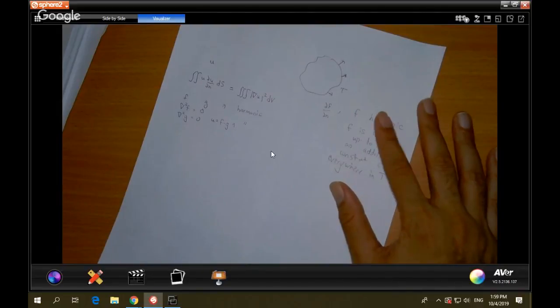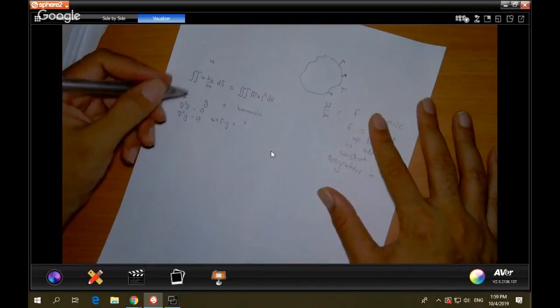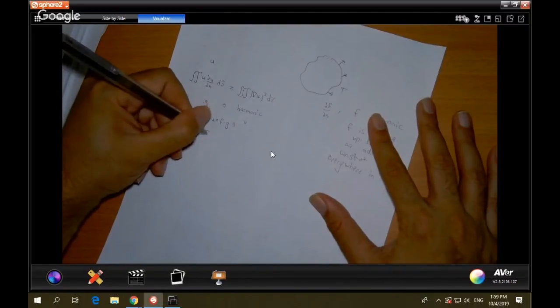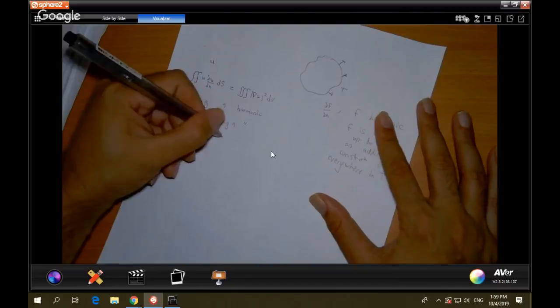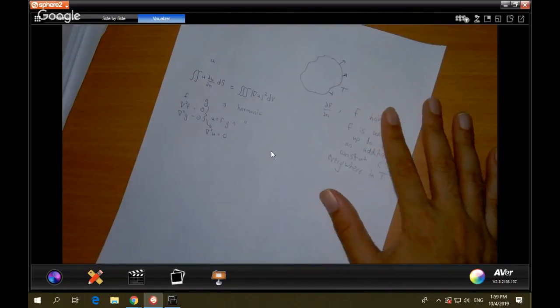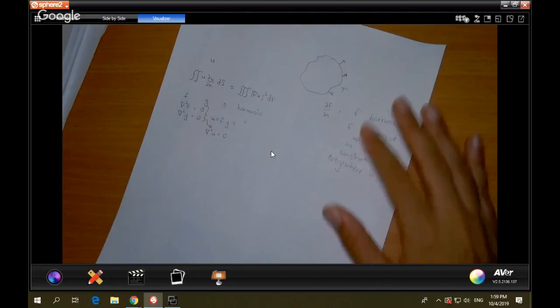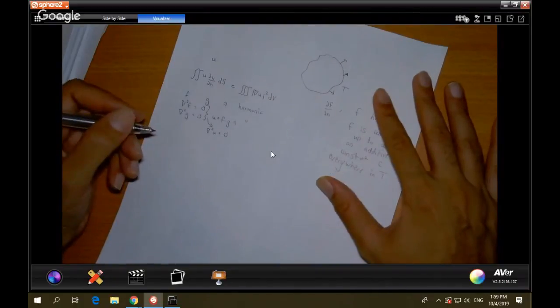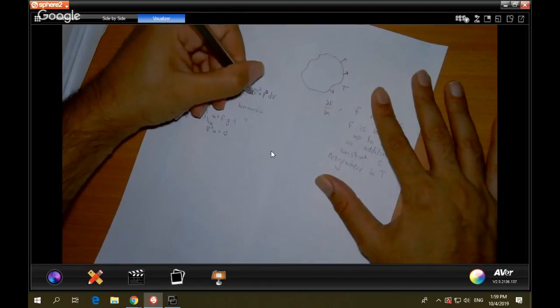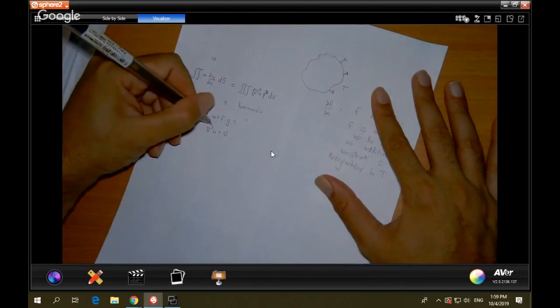So in that case, what are we evaluating? Sorry, I made a mistake. This should be nabla square u, which is going to be equal to 0.